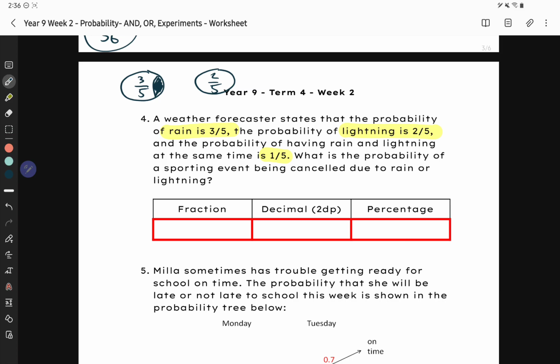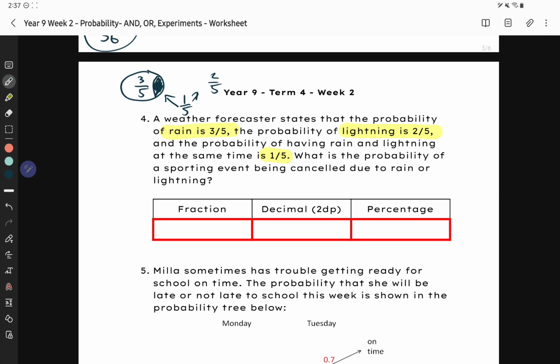Right? So out of the 3 out of 5, 1 over 5 of the chance, which is 20%, is lightning being together with the rain. This happens here as well. If we count up all the possibility of there being lightning, we are also counting the possibility of there being lightning alongside rain as well, which is 1 over 5 of that probability.